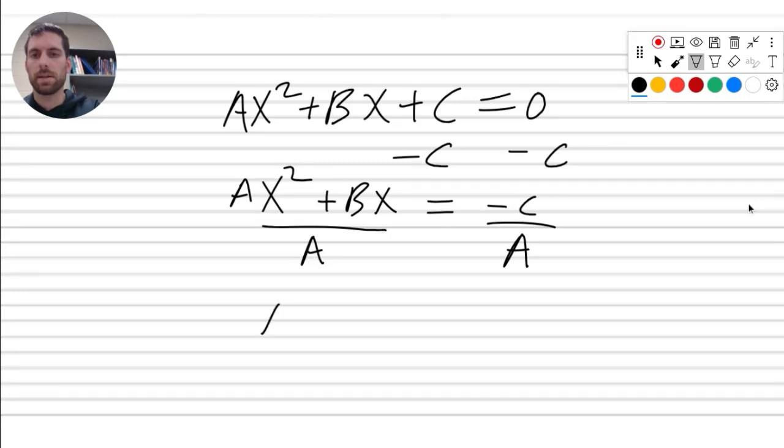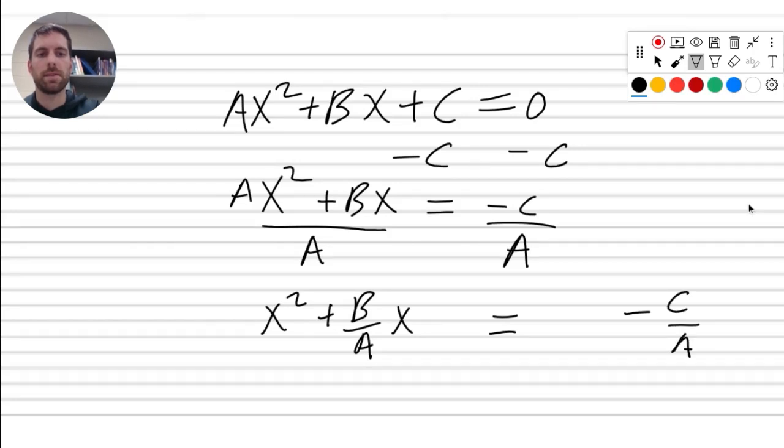So that's going to be x squared plus b over a x equals negative c over a. And I'm leaving space for a reason. So what I need to do now is I need to find something that's going to factor this.